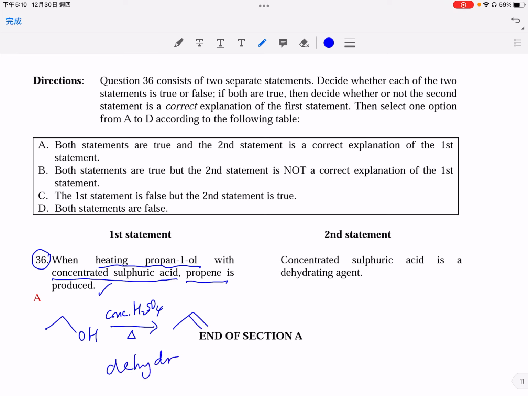Of course, you may also write the H2O as the product. And then concentrated sulfuric acid here is playing the role of a dehydrating agent, and this is actually the correct explanation of the first statement. So the answer is A.